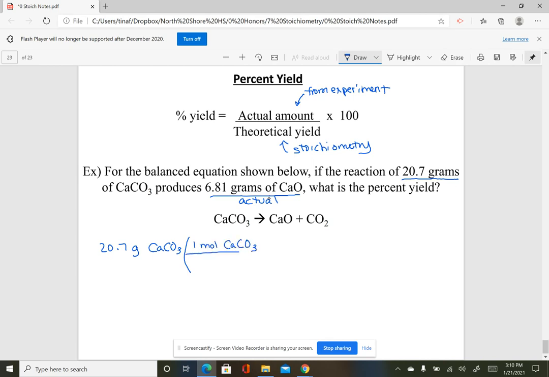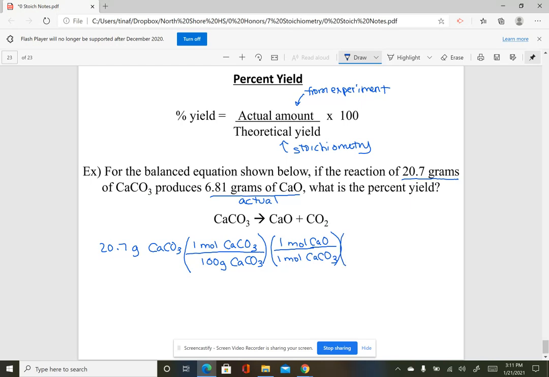Now I want to go to my periodic table. 40 plus 12 plus 48. 1 mole of that weighs 100 grams. Right? Now I want to say, all right, well, I have 1 mole of calcium carbonate in my reaction, and I have 1 mole of calcium oxide in my reaction.